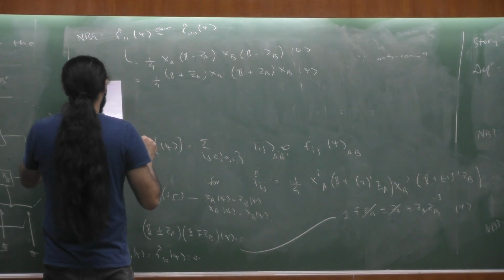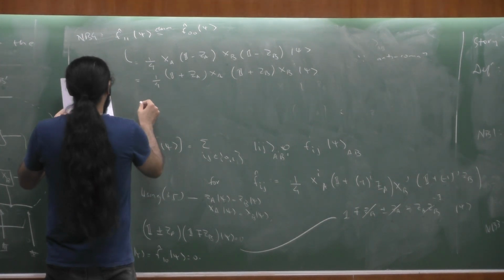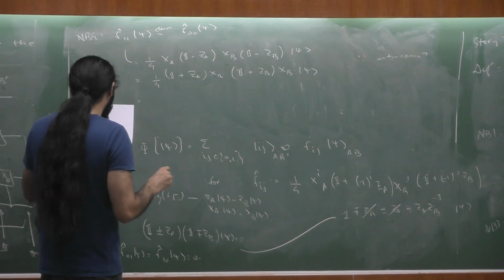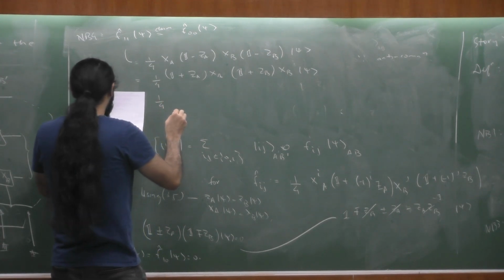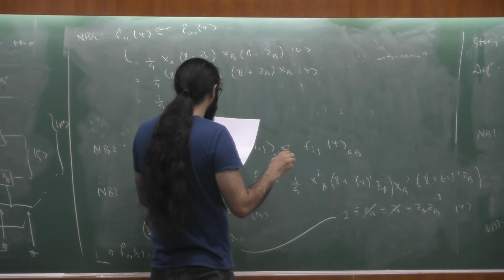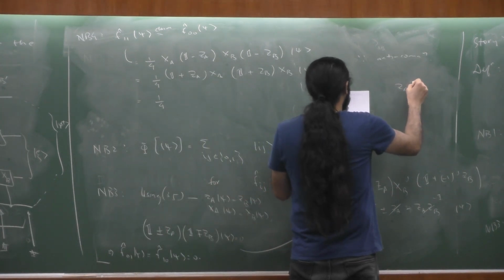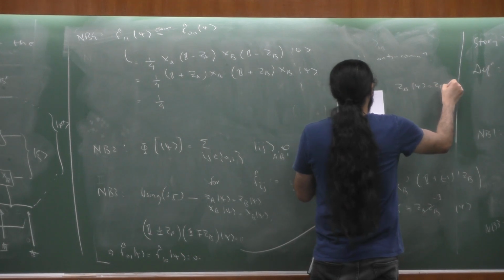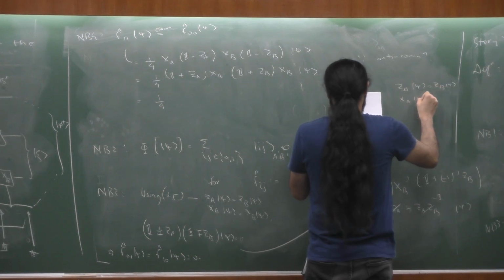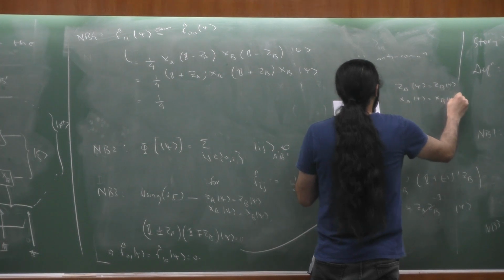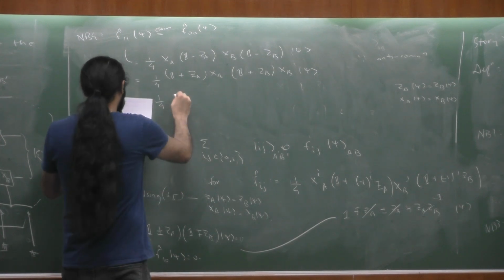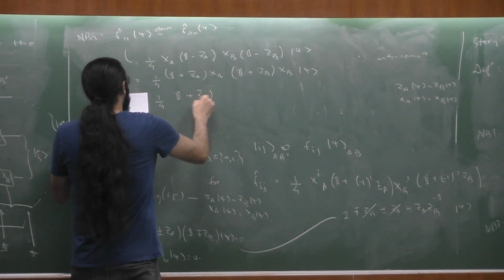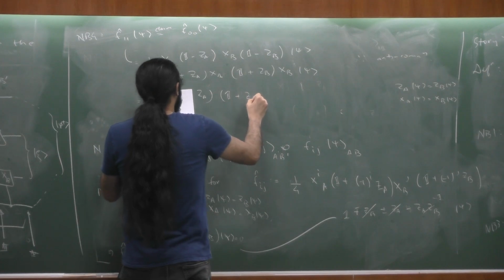Okay. And then finally you get from 35, so we use the fact that za psi is the same as zb psi, xa psi is the same as xb psi, plus ZA identity plus ZB.